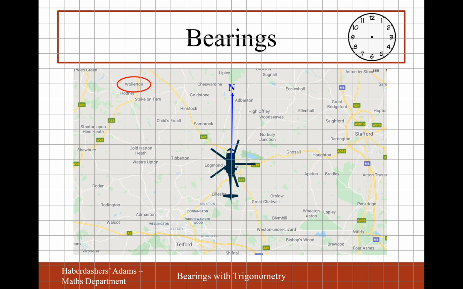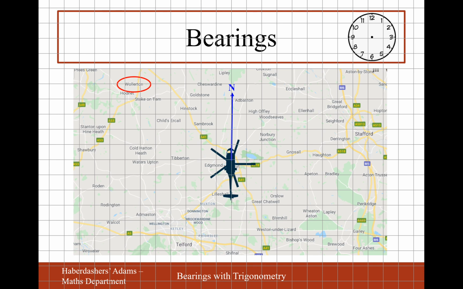Okay, so how would we work out what that angle is and what that direction of travel is? Well, generally, when you've got a map, you've got lots of grid lines on it, the longitudinal lines and the latitudinal lines. And what we can use these grid lines to do is to help us work out how far away Wallerton is and what angle of rotation Wallerton is.